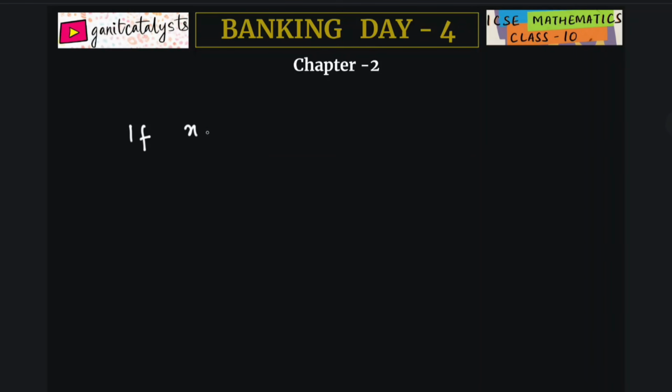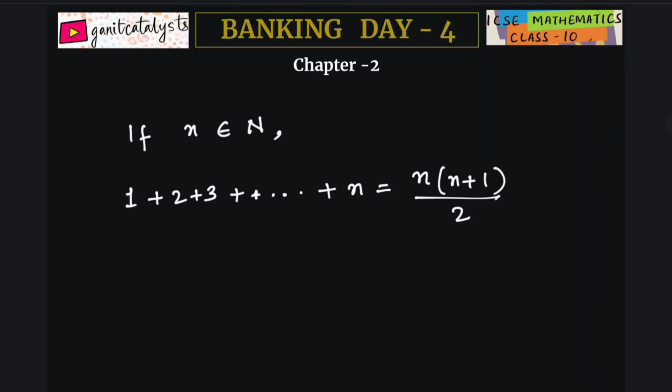Note, if N is a natural number, then 1 plus 2 plus 3 up to N is equal to N into N plus 1 by 2. For example, we have N equal to 24 months, 2 years.